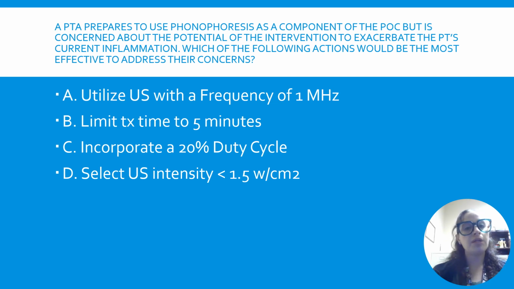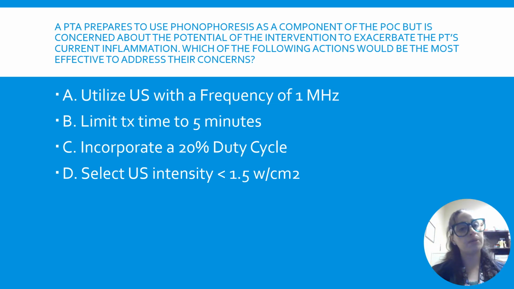So to me, I'm looking for non-thermal because I know thermal is contraindicated for inflammation, right? And we don't want to mess up their inflammation. So I probably am going to pick C because that's the one that has the most effect. D is good too, but again, if you're using 100% duty cycle and using 1.0 watts, that's still pretty hot, okay? So C is going to be the one that makes the most difference.